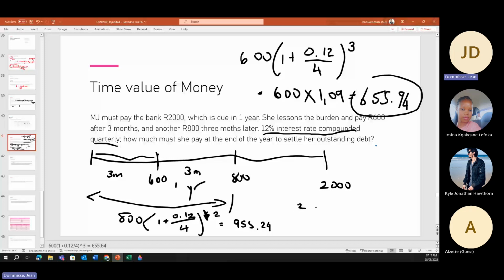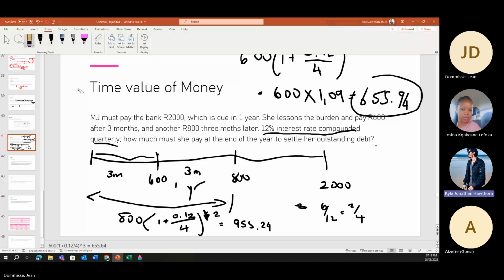So 6 months is also 2 quarters, and it makes a massive difference in the answer. And that is how they trick you in the exam as well. So let's be honest, that is how they're going to try to trick you in the exam. We made the mistake now, so you will not get tricked again.